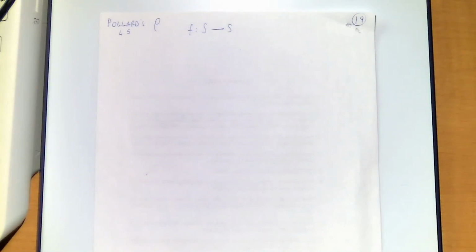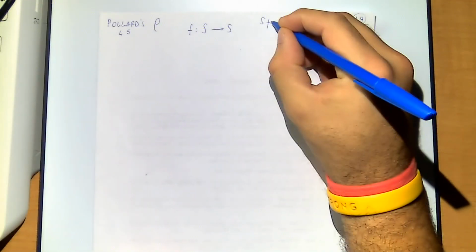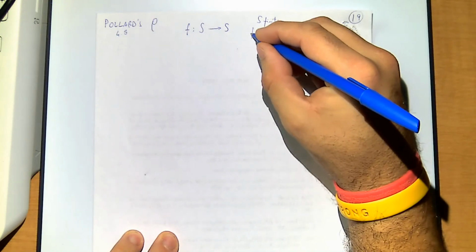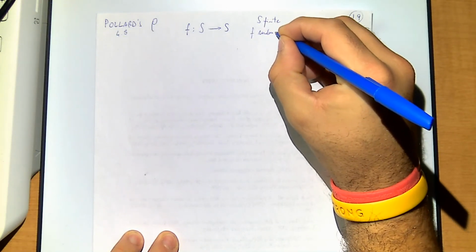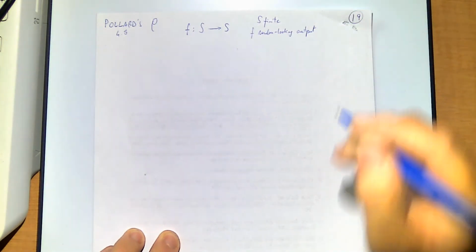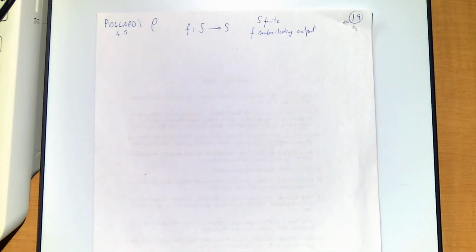S is a finite set, and f is a function that scrambles up the elements, so it has a random-looking output. It mixes up the elements of the set nicely. So this is going to be an important component.